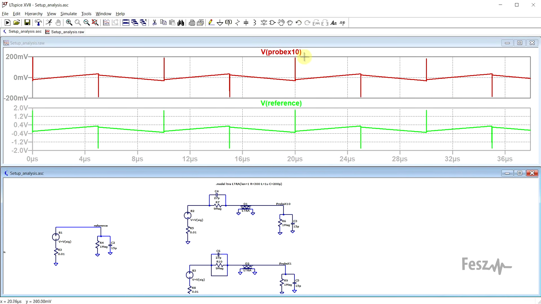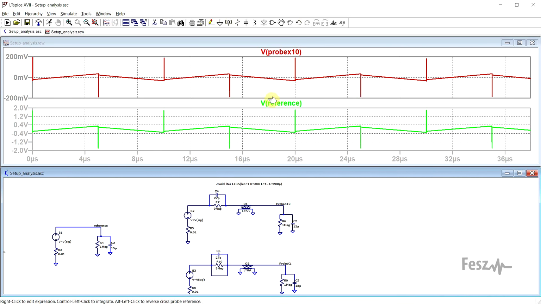Now, if we check out the response of these two circuits, we can make a few observations. So first off, the X10 mode of the probe preserves the complete signal. We can see both the ripple as well as the noise spikes. And these are more or less identical to the reference. Any difference in the simulation will be coming from the probe model that I used. But in real life, the probe should not affect the shape of the signal.